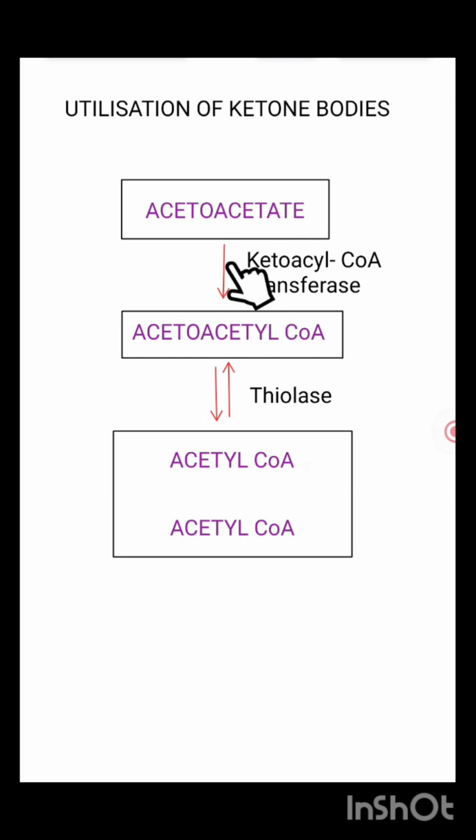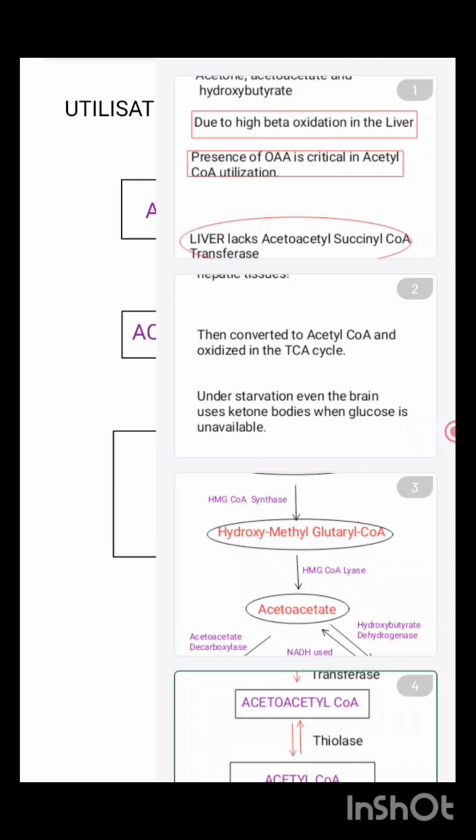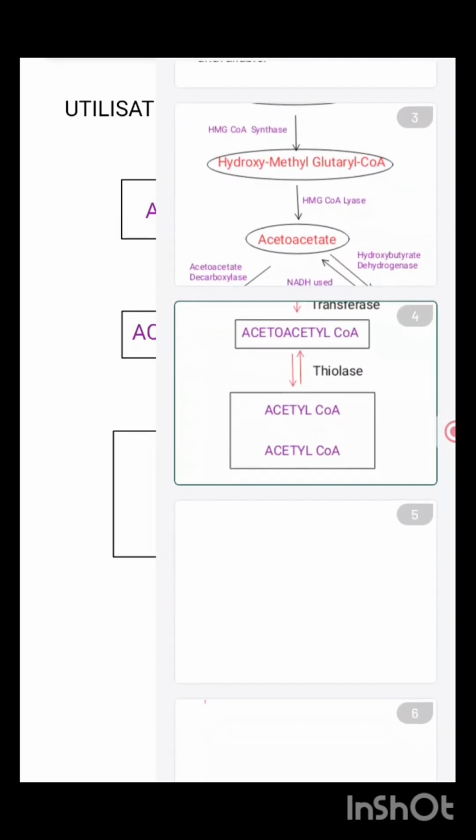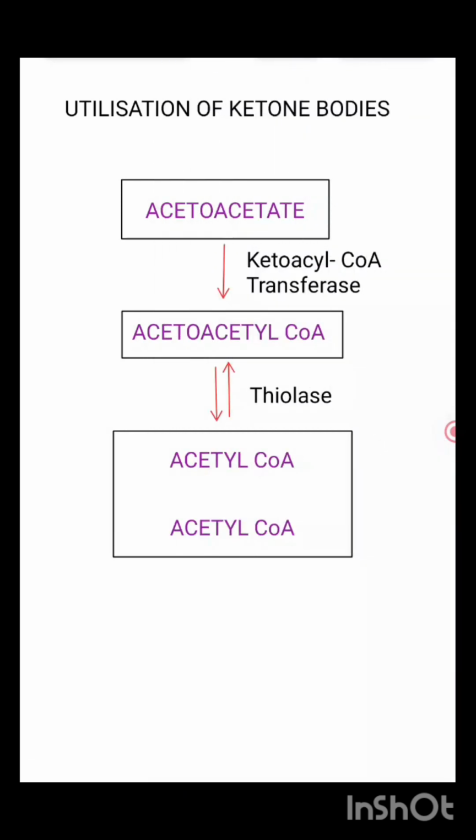So acetoacetate is converted to acetoacetyl-CoA, which is then converted to the two acetyl-CoA molecules. So these molecules are the ones that are going to be utilized in the TCA cycle. So thank you very much for watching, and do not miss the next lecture.